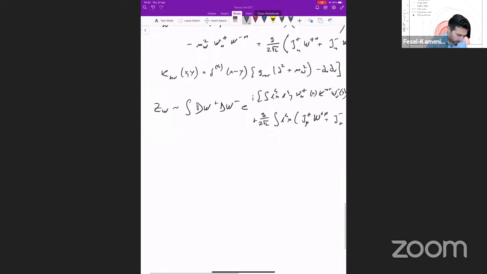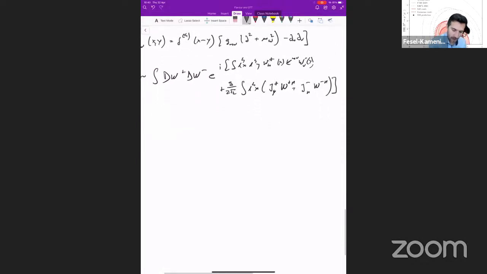Okay. Now, in this form, we can perform the integration over the W fields explicitly.